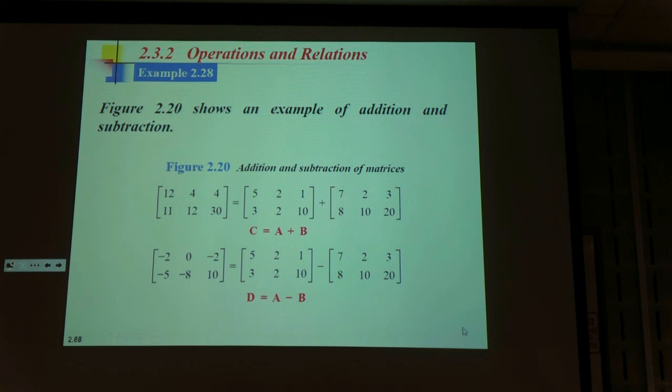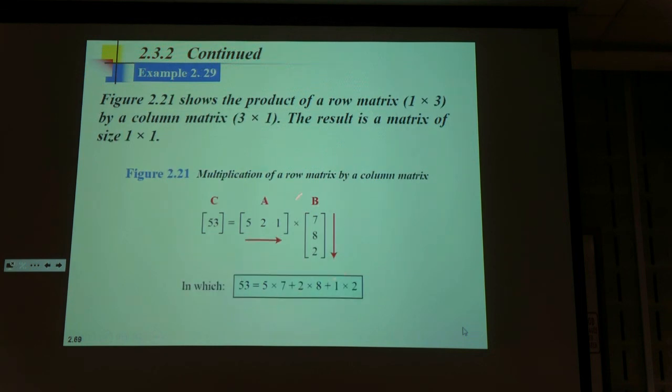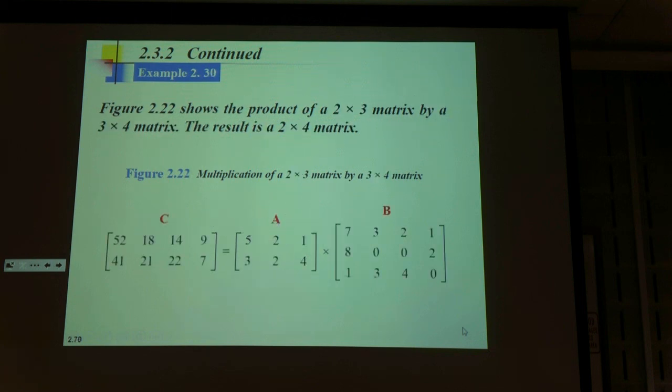And you know how to subtract. For multiplication, there is a condition: the product of a row matrix 1 by 3 with a column matrix 3 by 1 is a matrix of 1 by 1.